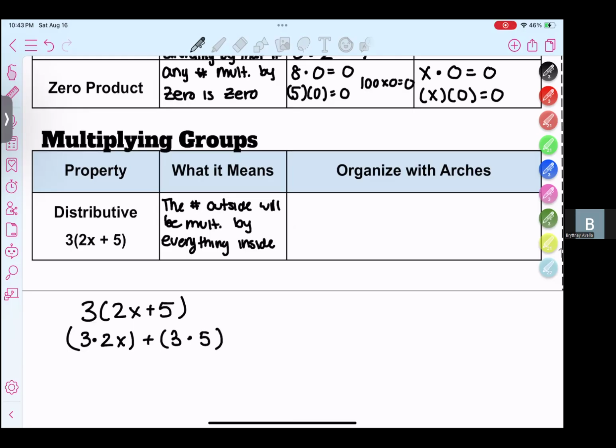With letters, that just means that x times (y plus z) is going to be x times y plus x times z.